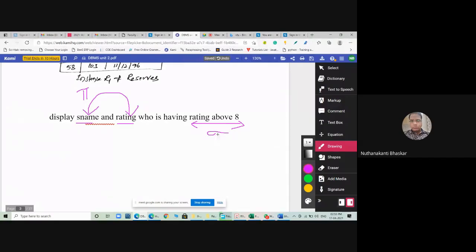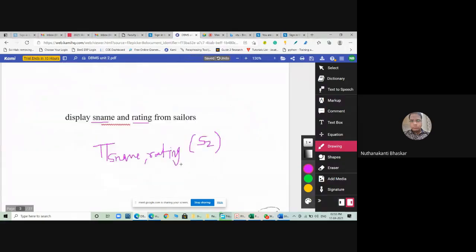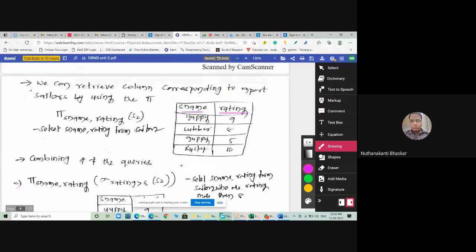Selection. When you are reading this, this is internal and this is external. The conditional data you must get first, later we display the columns. This is for understanding of this query. So what do you need to write first?